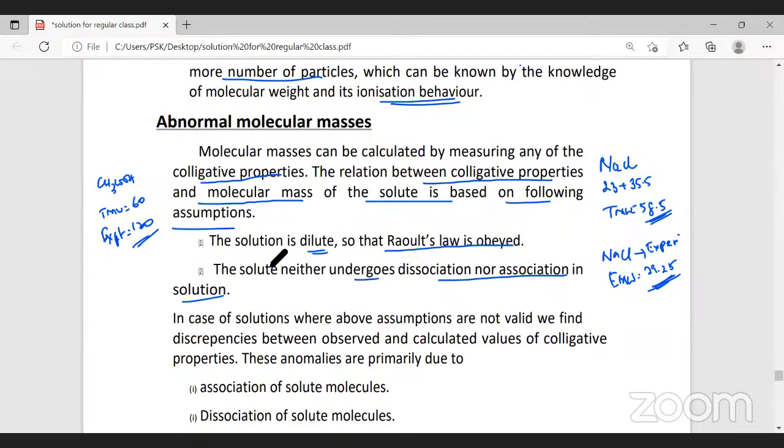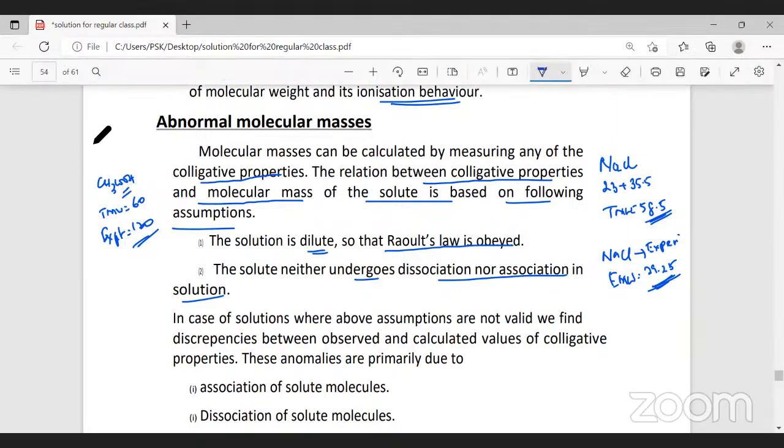So the solute should not undergo dissociation or association. But you see here, in the case of acetic acid, I taught you in the beginning of the class, it undergoes association, forming a dimer. NaCl undergoes dissociation to form Na plus and Cl minus. But what is the criterion? The solution should be dilute, and the solute should not undergo dissociation or association.